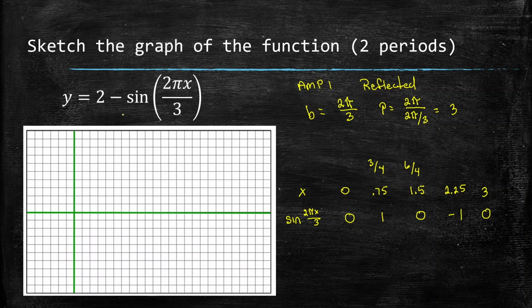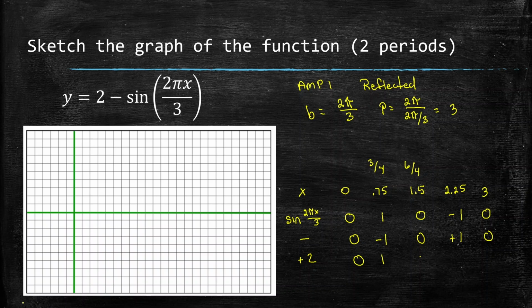Now, I did say that this is reflected, and so this is where we're going to go ahead and put the negative sign in. So what does that do? It just flips each of these, right? Well, 0 doesn't change. This is now -1, 0, +1, and 0 again. And now my last shift is the +2, right? So I'm just going to add 2 to everything. So 0, I'm sorry, it's just 2, right? 0 plus 2 is 2.